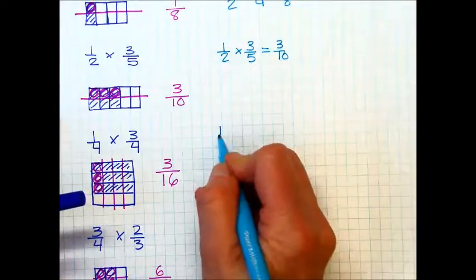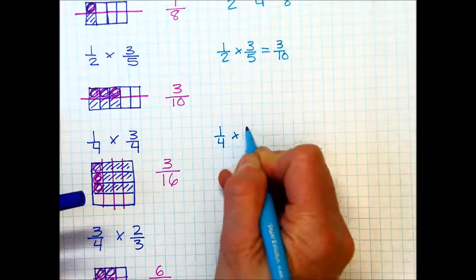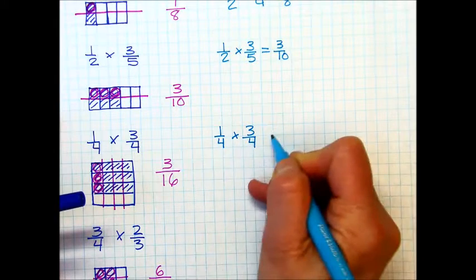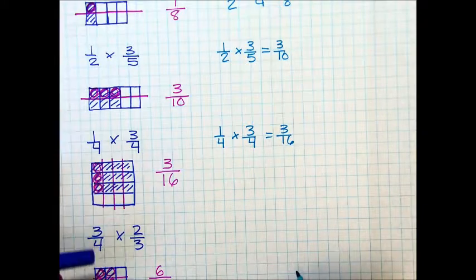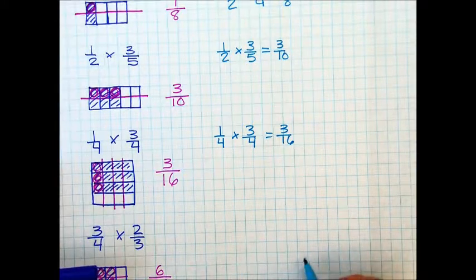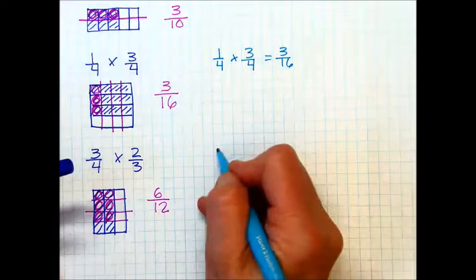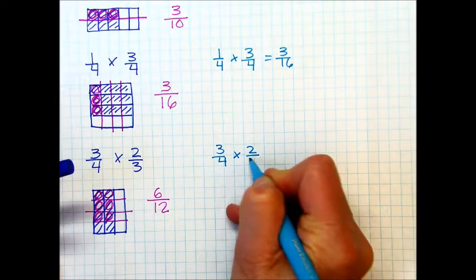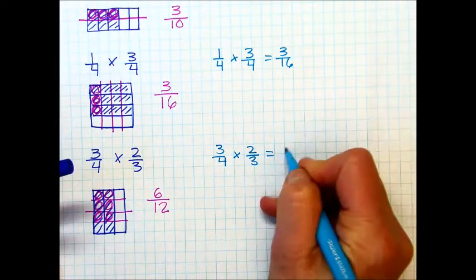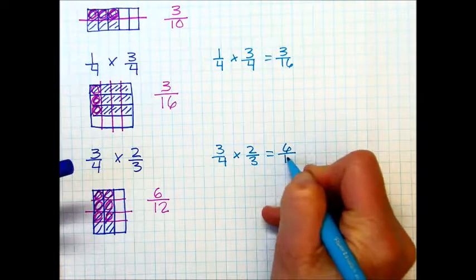In this third one, 1/4 times 3/4, and that equaled 3/16. And in the last model, we had 3/4 times 2/3, and that gave us 6/12.